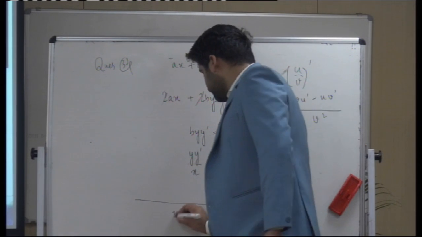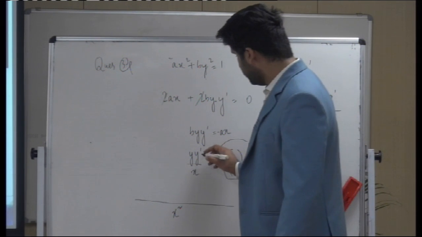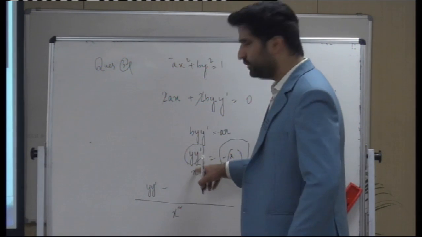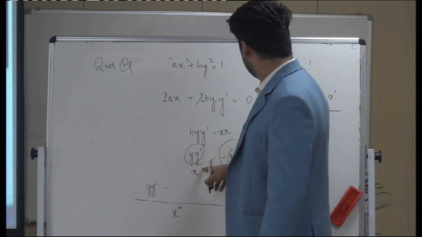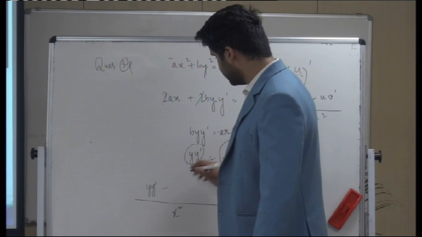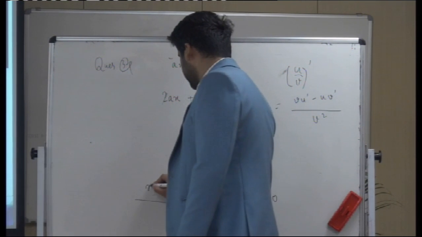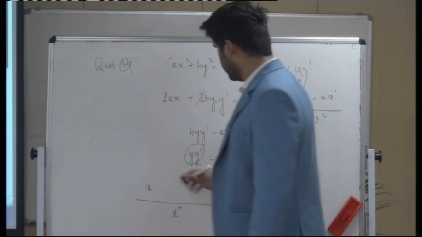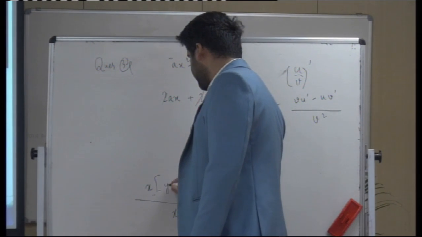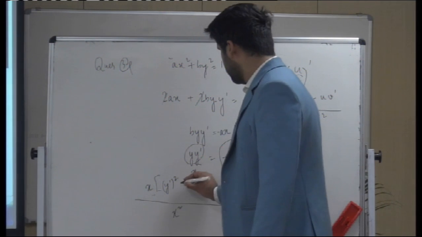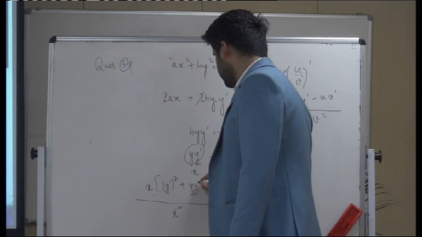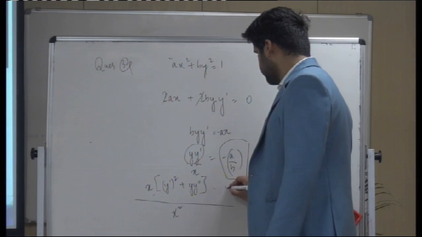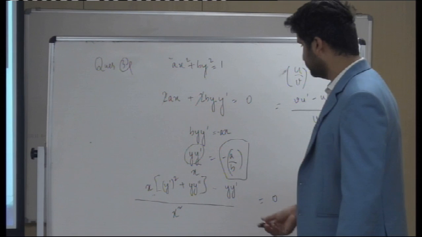The denominator we have x square, right? And this function as it is, y dash, minus into the differentiation of, okay, this function as it is, sorry, x as it is, and differentiation of this numerator. So how to do the differentiation of the numerator? Again, product rule. So we have y dash square, right, plus y into y double dash, right, minus 1 into y dash is equal to 0, right?